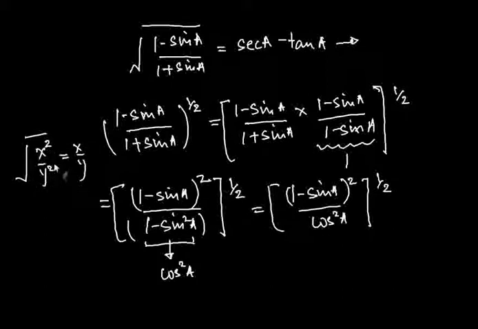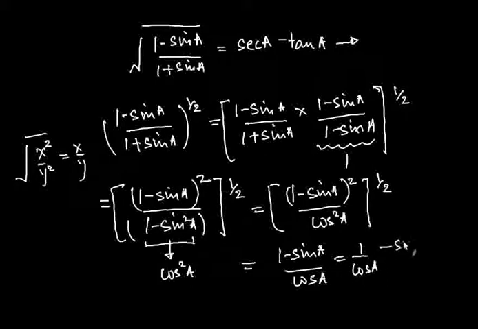And so therefore this term becomes 1 minus sine A by cos A, which is equal to 1 by cos A minus sine A by cos A, which in turn is equal to secant A minus tan A.